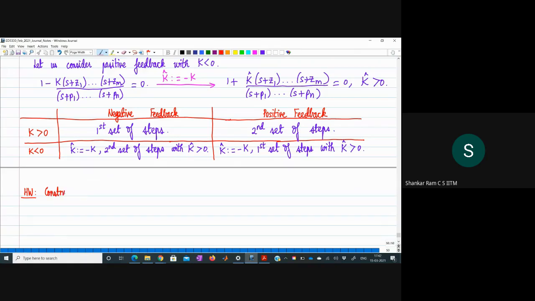Construct the root locus for a negative feedback closed loop system whose open loop transfer function is as follows.